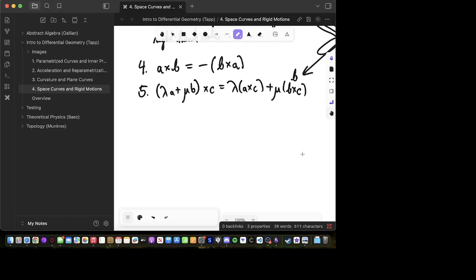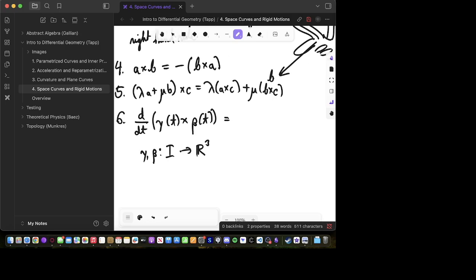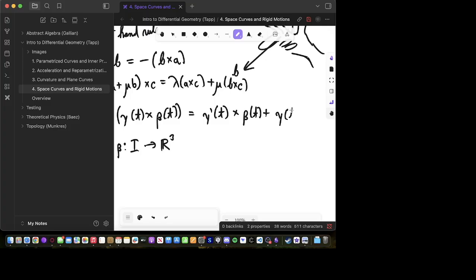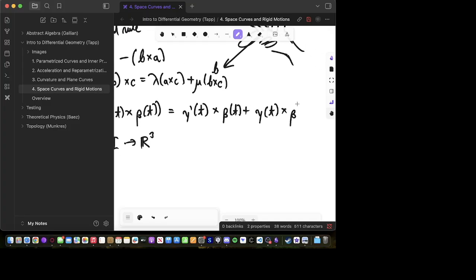So the last thing we have is, you can think of it as another product rule. So if we have the derivative of the cross product of two space curves, gamma and beta, which are functions from an interval I to R3, then the derivative is equal to gamma prime times beta plus gamma times beta prime.